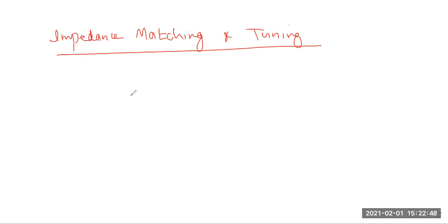So let me go through this whole concept one by one. Let me draw a figure with respect to which we will understand the importance of an impedance matching circuit. The problem is there is a circuit which I'm representing with this transmission line. This transmission line has characteristic impedance Z naught, and you want to connect it to a load which is represented by ZL.